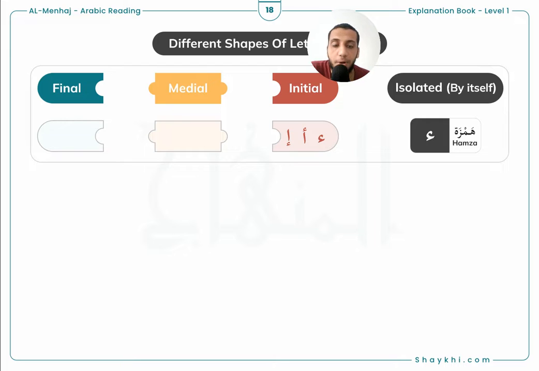So what about the middle form of the letter Hamza? We have this one, also Hamza but with a line before it, because it is connectable to the letter before. The next one is like a ya, and it is called nabra, Hamza on a nabra. Then we have the Hamza above the waw.